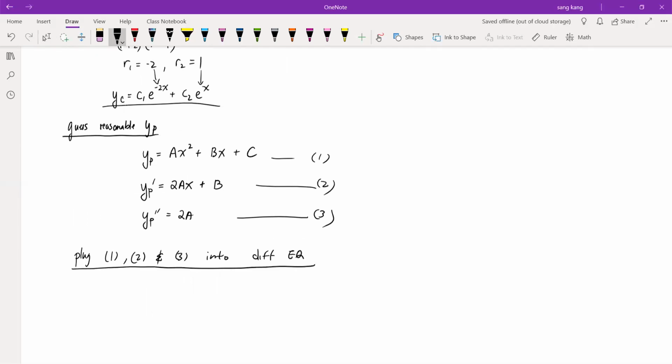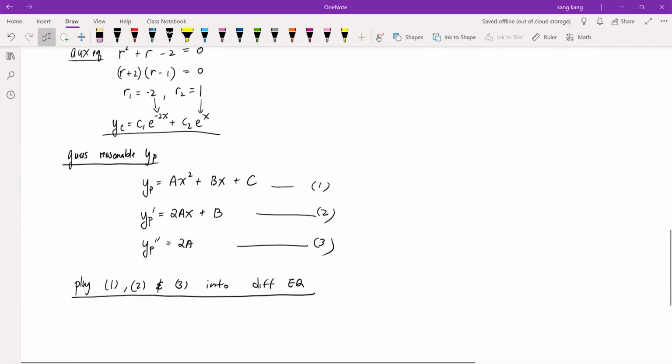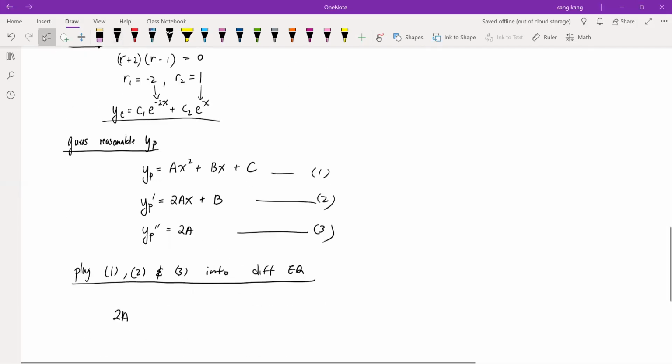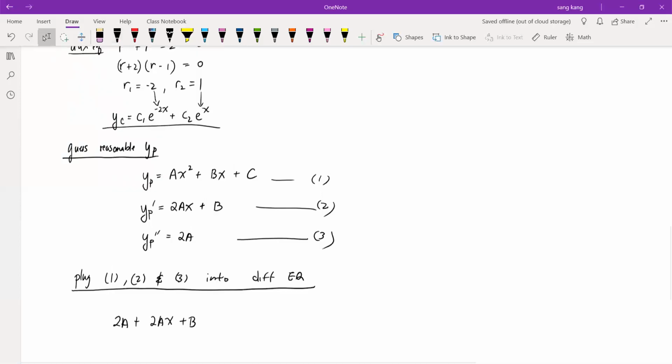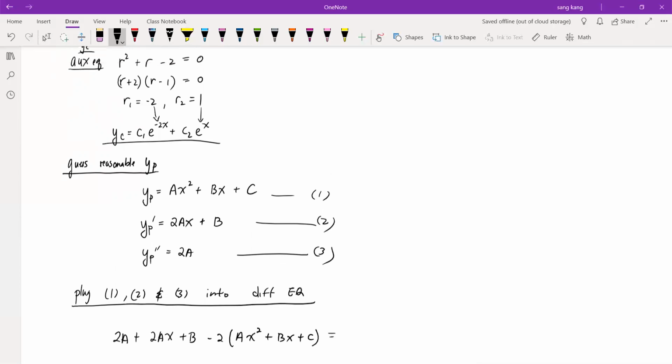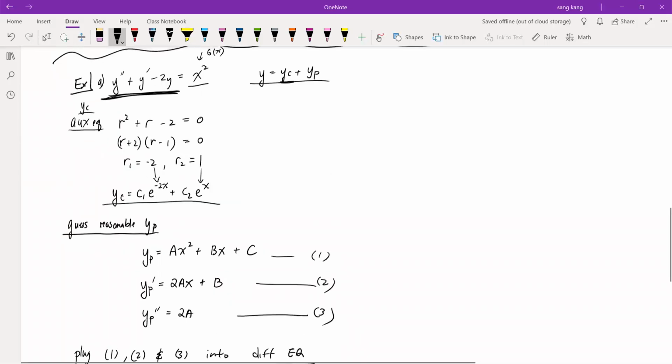Our differential equation was y double prime, so 2a, plus y prime, plus 2ax plus b, minus 2 times y, so minus 2 times ax squared plus bx plus c, and that equals g of x, which is x squared.